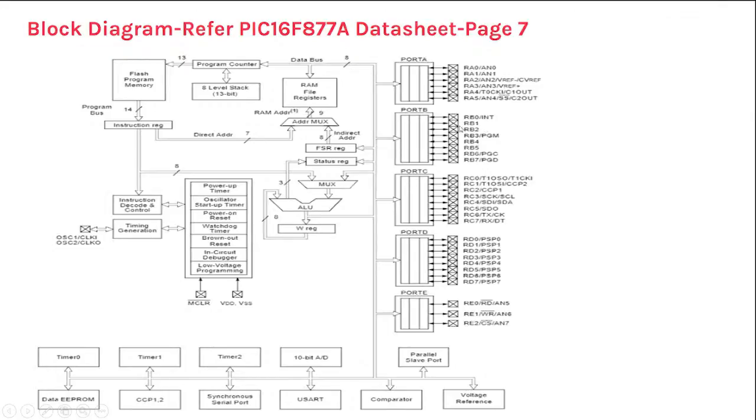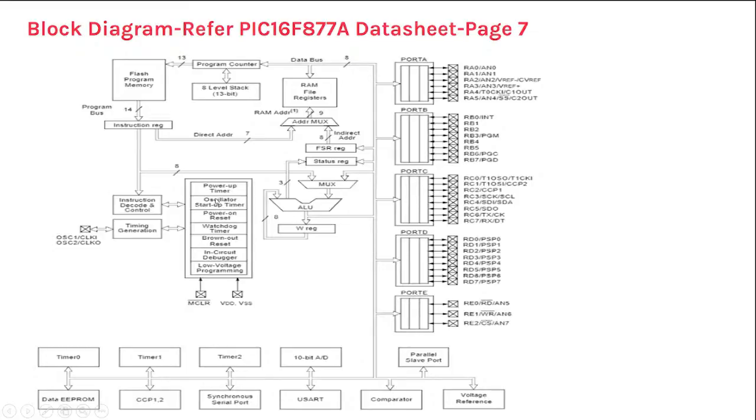This is RB0 to RB7 for port B. This is port C. Port B is 8 bits. Port C is also 8 pins, and port D is also 8. And port E is only 3. It also has multiplexed functions like chip select, read and write for memory.